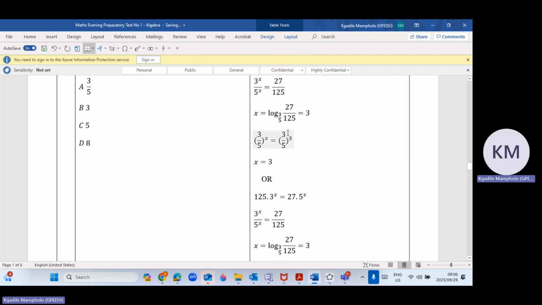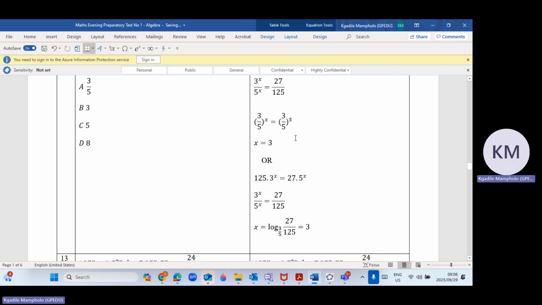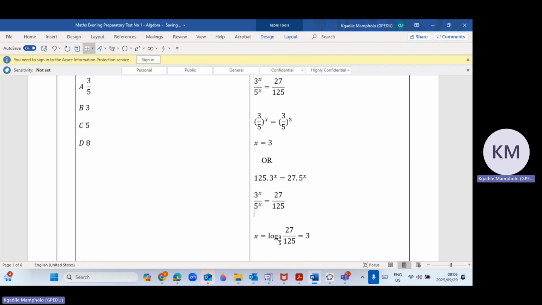Let me cancel this. So obviously, in this case, you'll have this one. Let me do it. Then we'll say you'll have something like this. Let me cancel the x here. Let's have x.